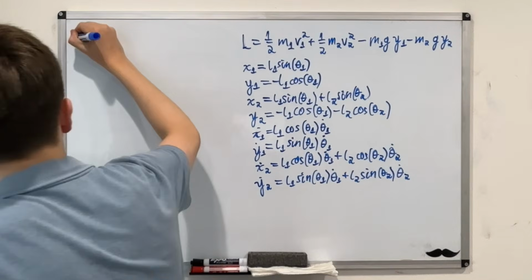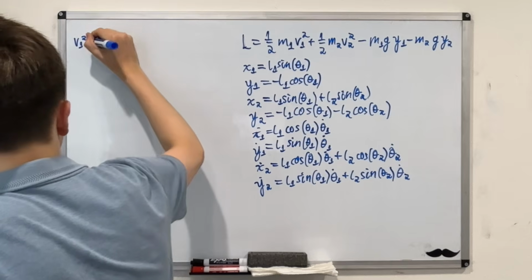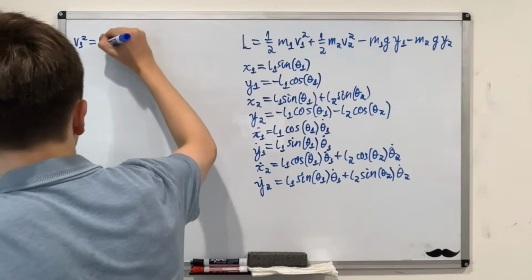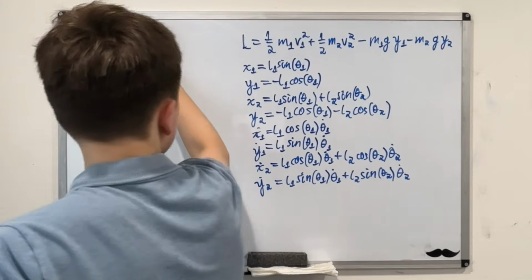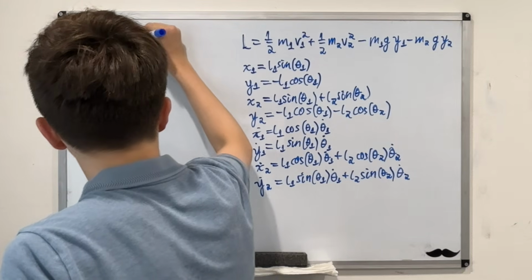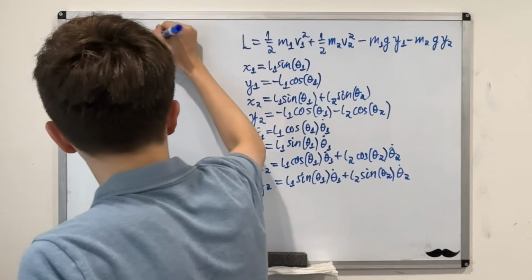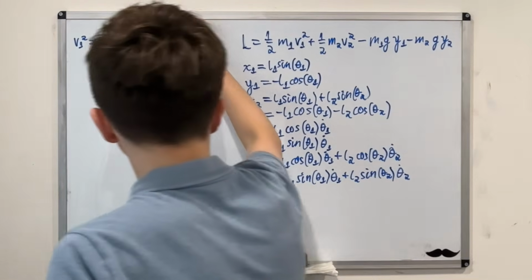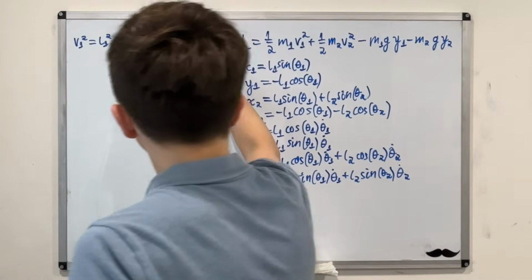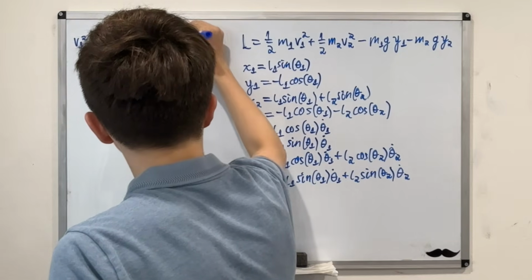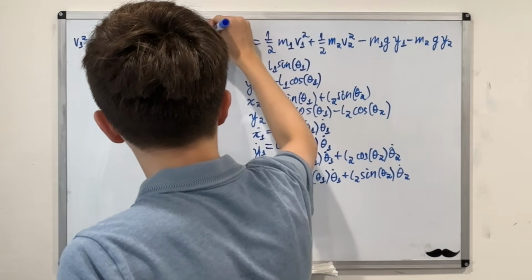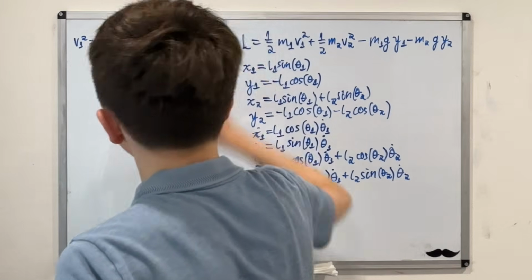So first we find v1 squared. That's going to be equal to x1 dot squared, L1 squared cosine squared theta 1 times theta 1 dot squared plus y1 dot squared. So that's going to be L1 squared sine squared theta 1 times theta 1 dot squared.